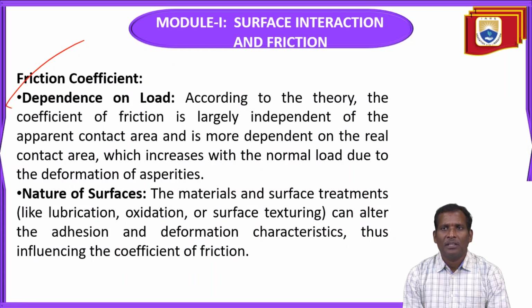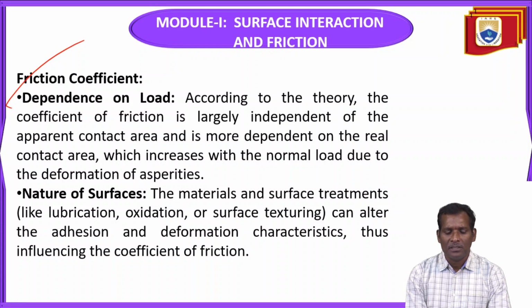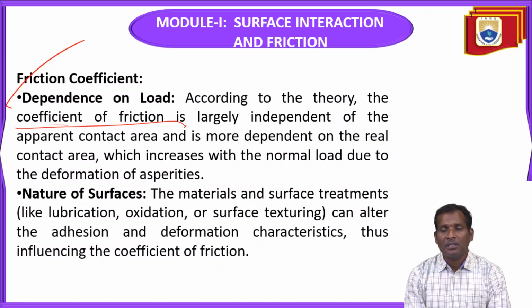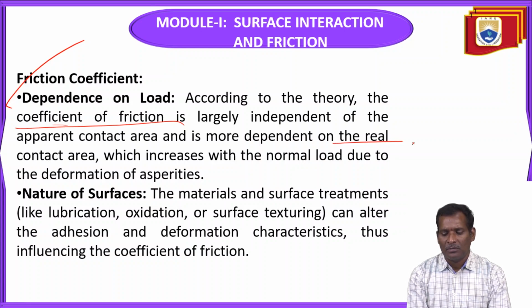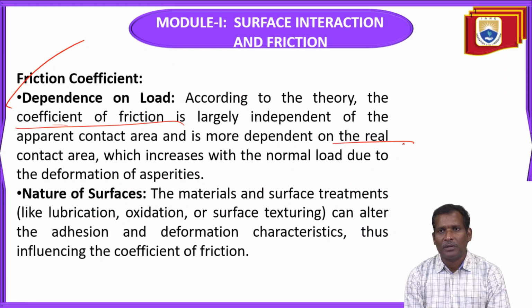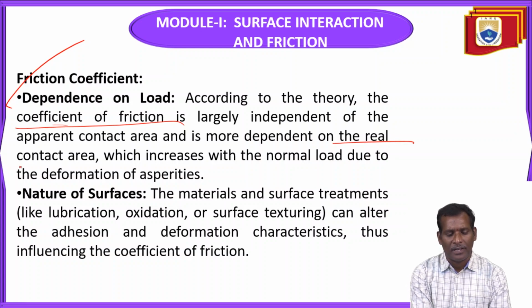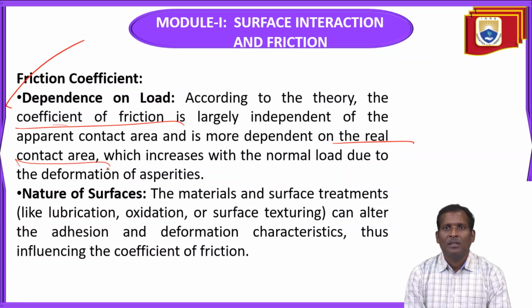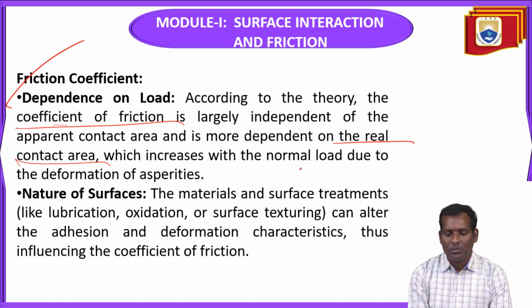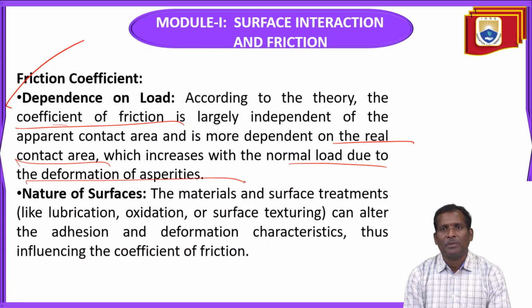According to the theory, the coefficient of friction is largely independent of the apparent contact area and is more dependent on the real contact area. We have already seen in previous slides that the real contact area increases with the normal load due to the deformation of asperities.